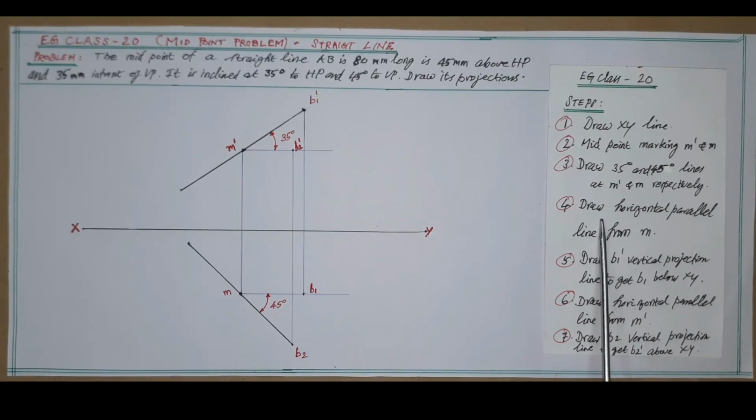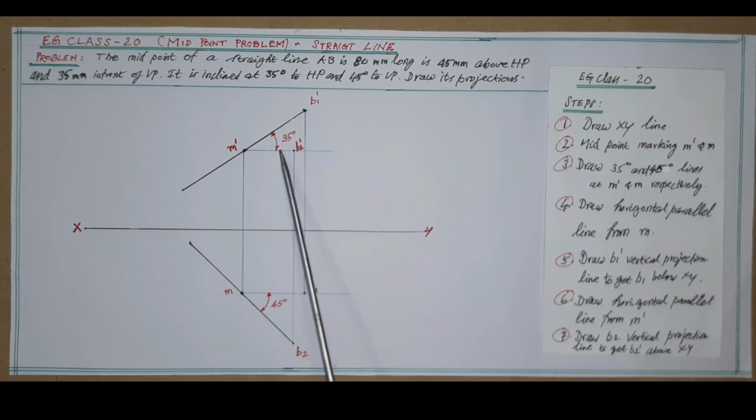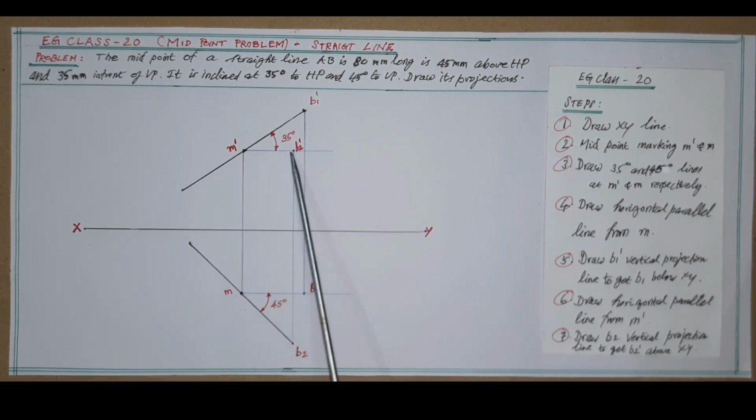As per step 4, draw a horizontal parallel line from M. For the 35-degree line, first draw the corresponding top view, whose image falls in HP as shown, like a straight line with lesser length from M. This is the top view for this 35-degree line.